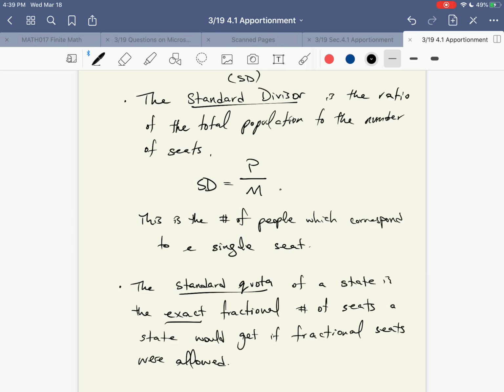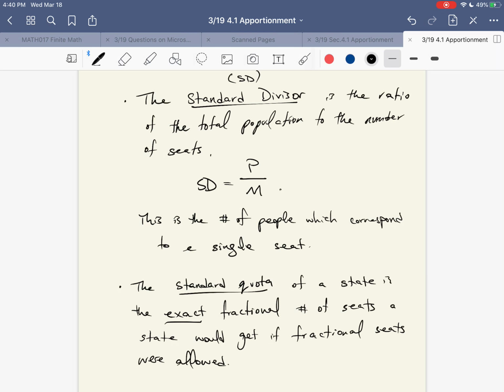So remember what I was saying before. We're trying to divvy up a whole number of seats to each state. We don't want any state to have 4.5 seats because we don't know what to do with that half. And so the standard quota is, sometimes the number of seats will divide evenly into your population.